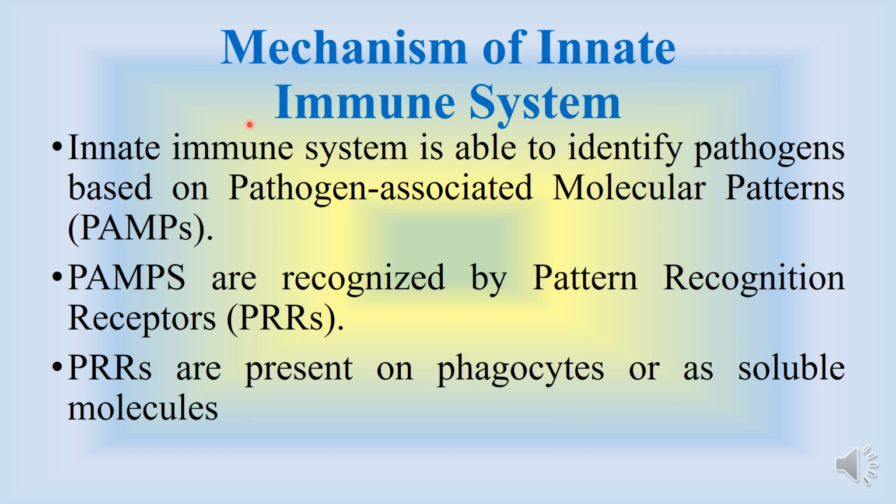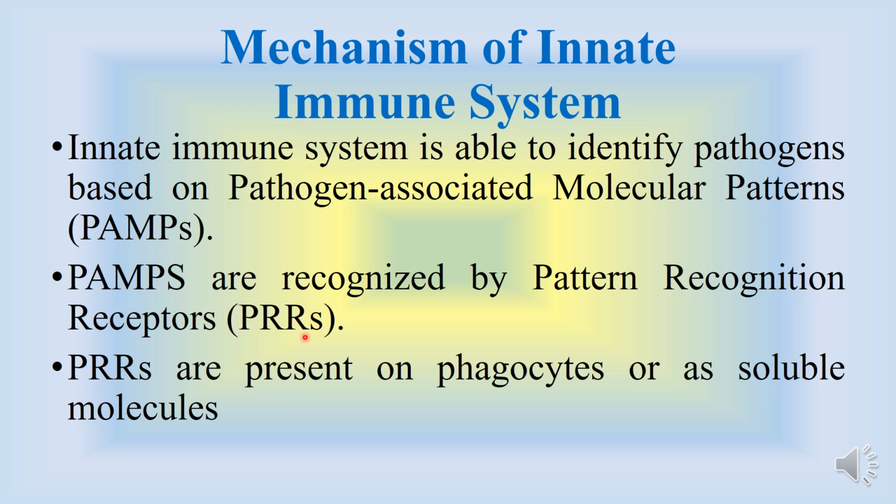Now let us take a look at the mechanism of innate immune system. The innate immune system is able to identify pathogens based on particular pathogen associated molecular patterns, which are abbreviated as PAMPs. These PAMPs are recognized by special receptors which are known as pattern recognition receptors or PRRs.